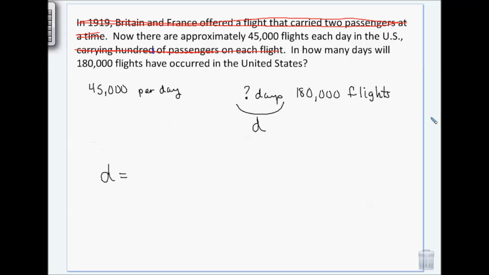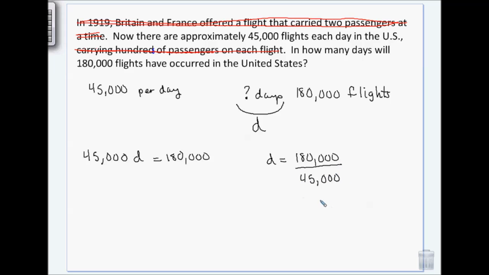Multiplication. I can say 45,000 times the number of days is equal to 180,000. That's one setup. The other setup I could do is the total number of flights divided by the number per day. In any case, when you solve it, you would get 4 days.